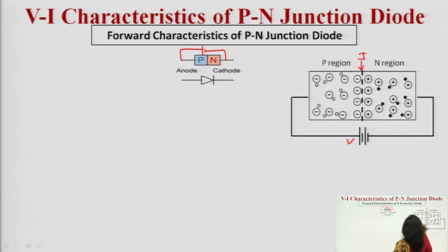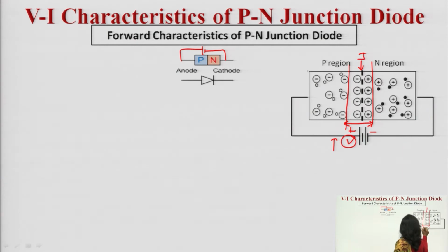After a certain time, a depletion region forms across the junction, which has uncompensated positive and negative ions, uncompensated acceptor and donor ions. Now, as we have discussed, if you increase this voltage V, what is going to happen? This is the positive terminal of the battery, this is the negative terminal.